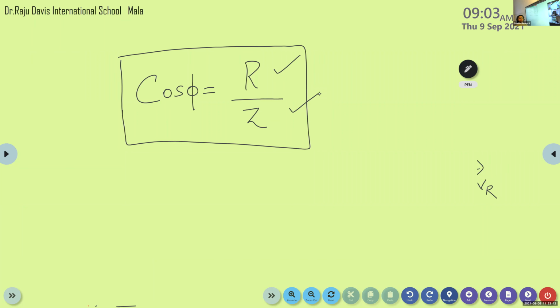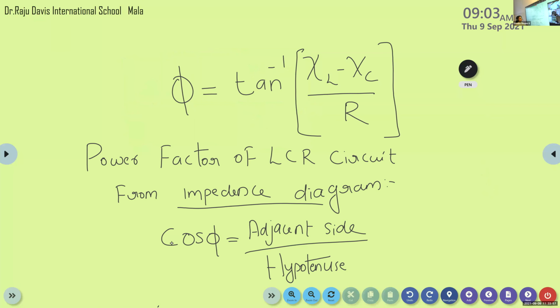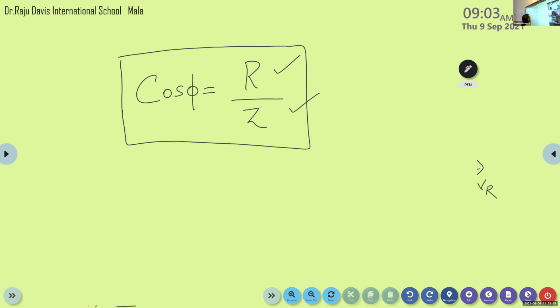Then you can easily calculate the power factor using cos phi equal to R by Z, such that phi is equal to cos inverse of R by Z. This is the general equation for calculating the power factor of a series LCR combination. There is no particular definition for the power factor.